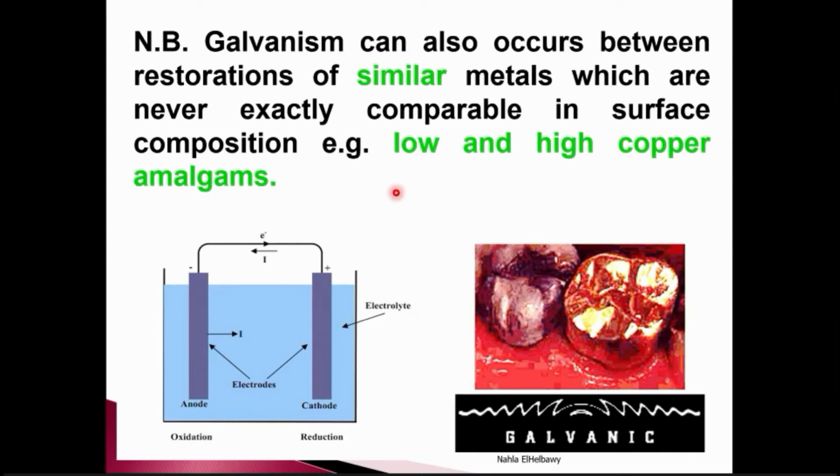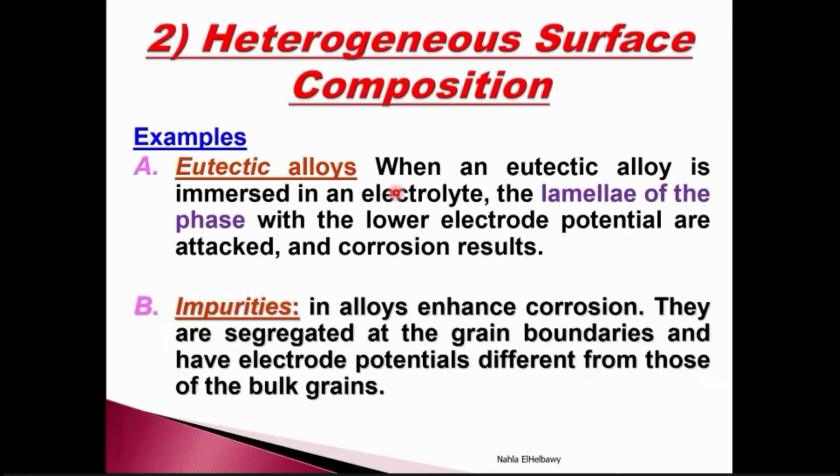Even if we are using the same metal, the composition may be different to some extent, thereby causing corrosion. This is heterogeneous surface corrosion, because the metal surfaces are different. Even if we use the same metal, there is a little bit of difference in their composition.